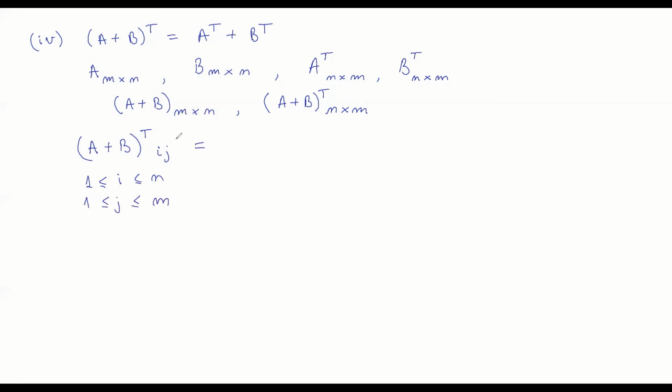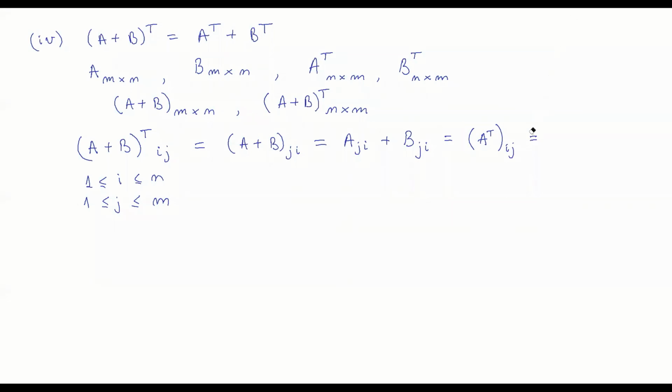So what we have is that by definition, this is the element ji of A plus B. And by definition of the sum, this is the element ji of A plus the element ji, I'm sorry, ji I should have written, of B. And this, if I think in terms of the transpose matrix A^T, this is the element ij by the definition of transpose.